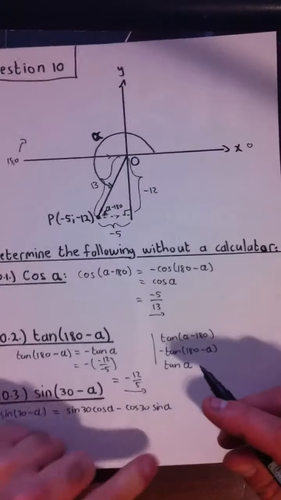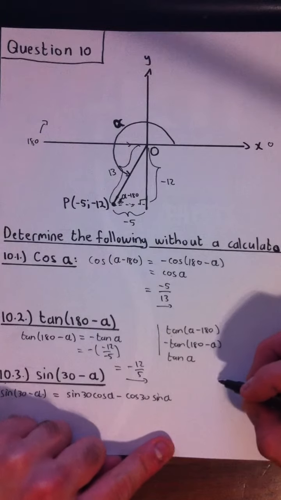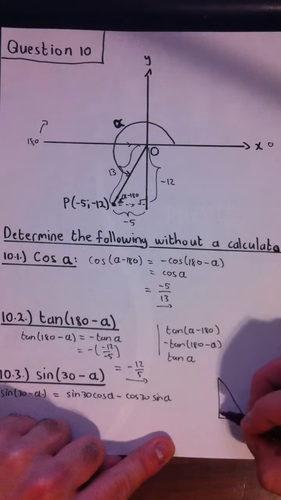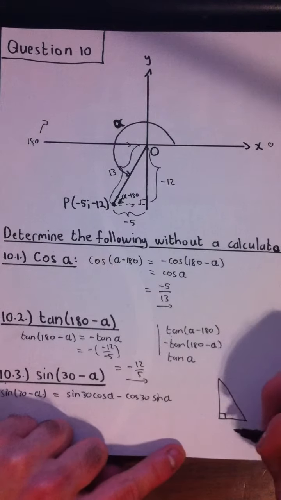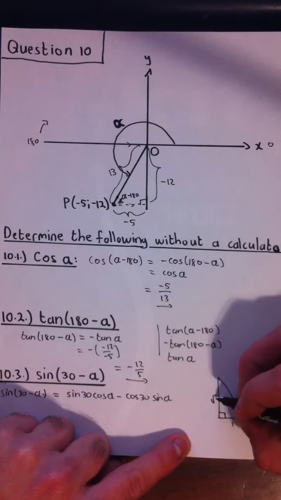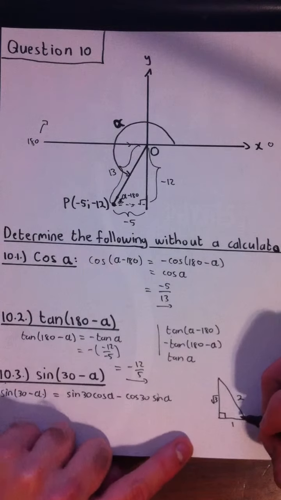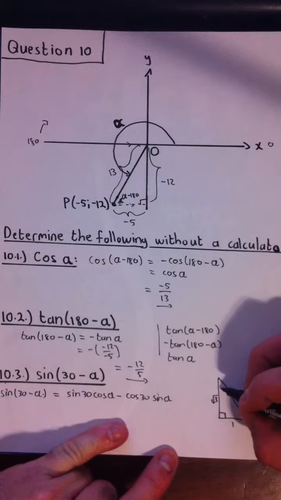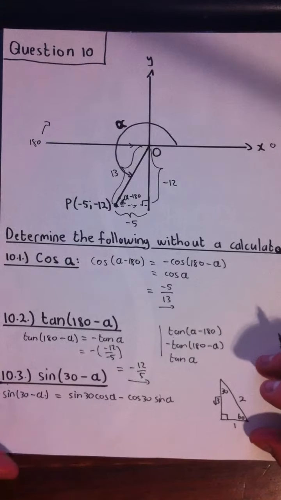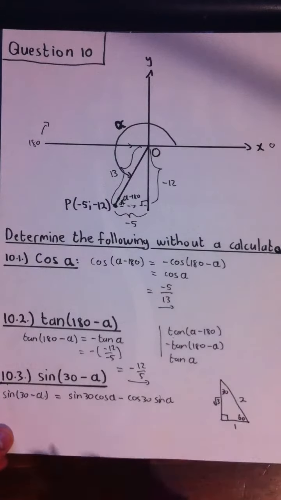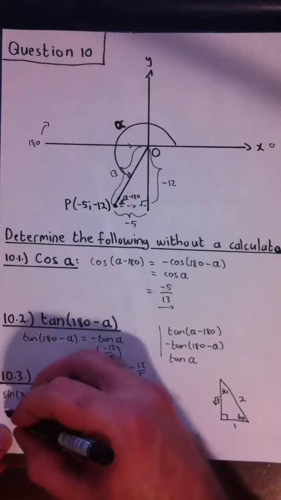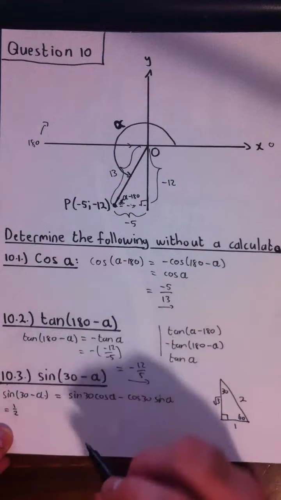Sine of 30. What is sine of 30? Well, let's draw a little triangle here. This is one of the special triangles a lot of people are also familiar with. We've got the sides 1, 2, square root 3, and the angles being 30 degrees, 60 degrees and 90 degrees. Okay, so sine of 30, opposite over hypotenuse, is a half, so that's a half.